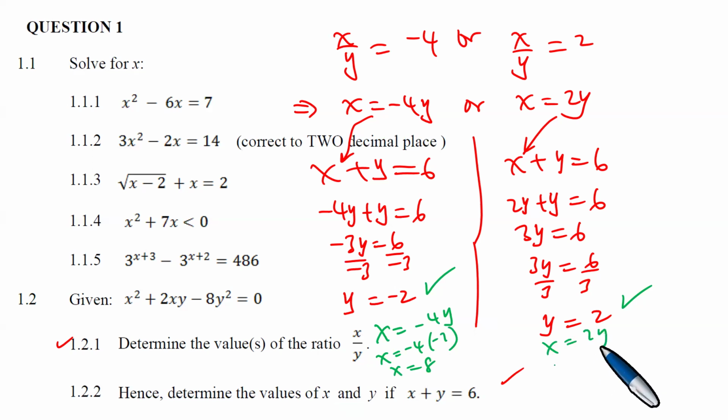X is 2y, and then here you have 2 times 2. What is 2 times 2? It's 4. Right, so the y values are minus 2 and 2, and the x values are exactly 8 and 4. Right, we have got the results there.